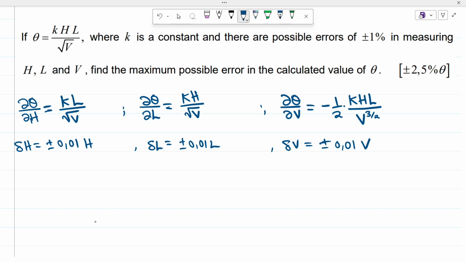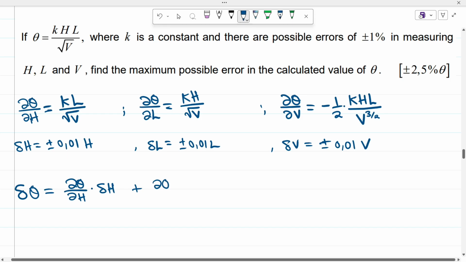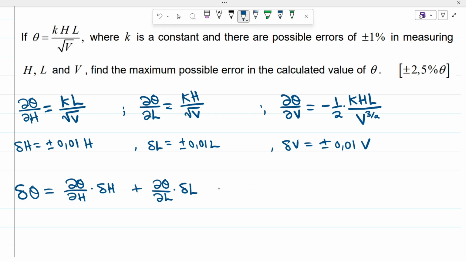The maximum percentage change is going to be the partial derivative of theta with respect to h multiplied by change in h, plus partial derivative of theta with respect to l multiplied by change in l, plus partial derivative of theta with respect to v multiplied by change in v.